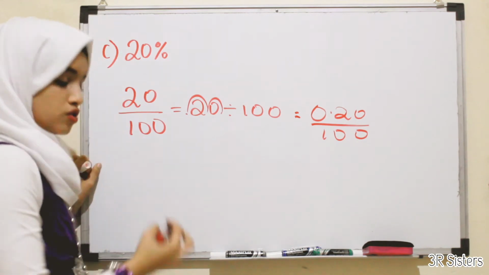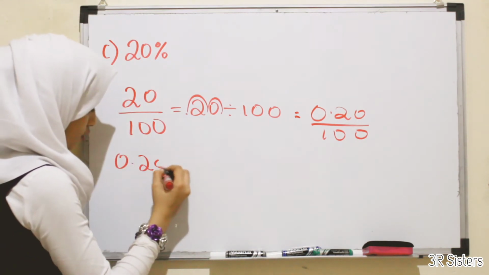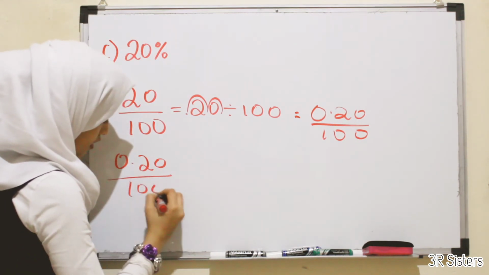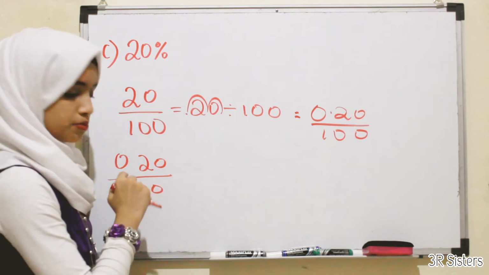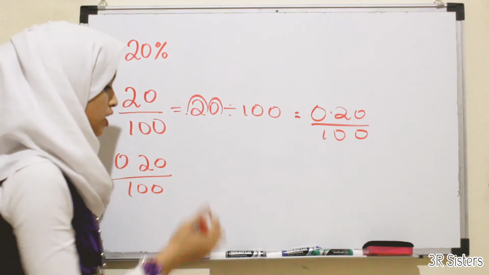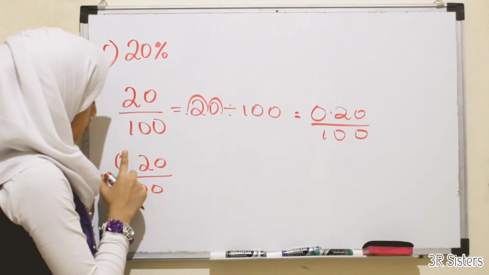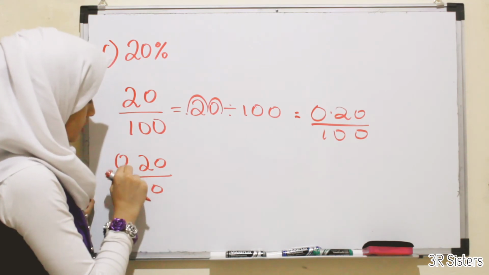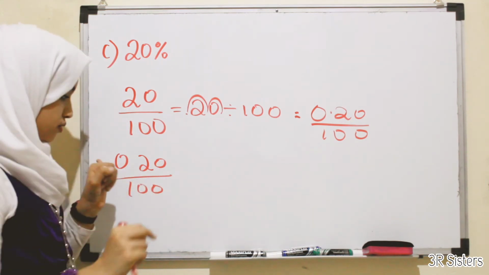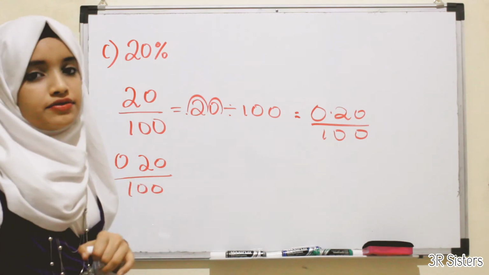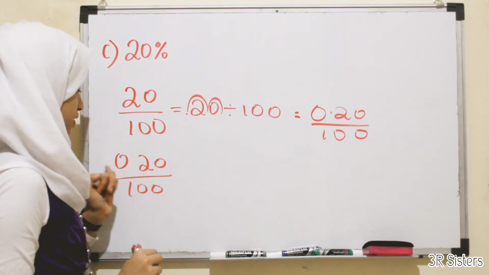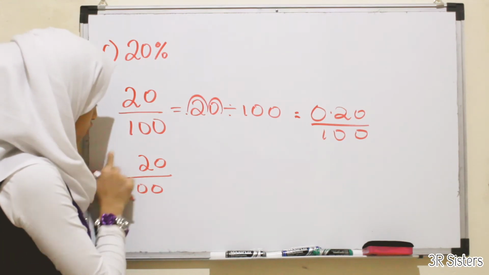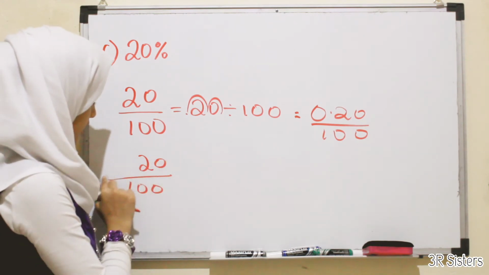So the 0.20, when we remove the point, becomes 020. Now because this 0 is at the first position from the left hand side, it doesn't have any value, so this becomes 20 by 100.